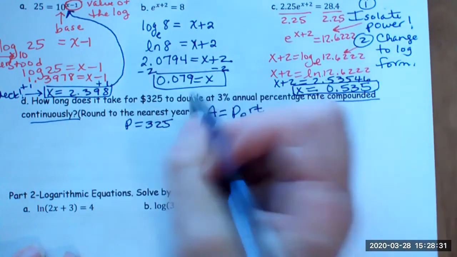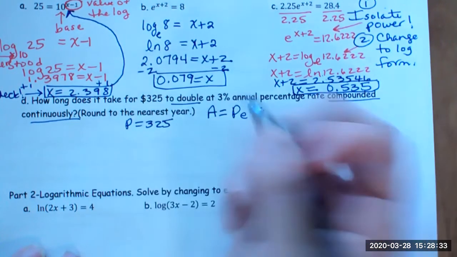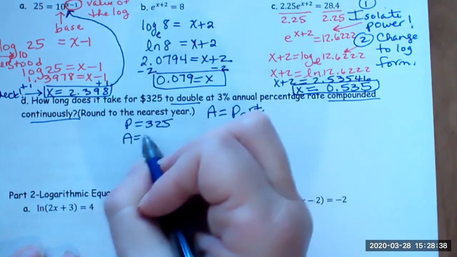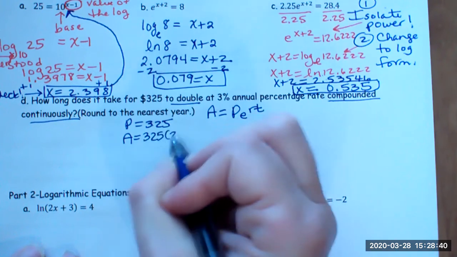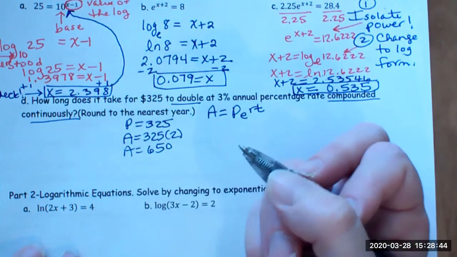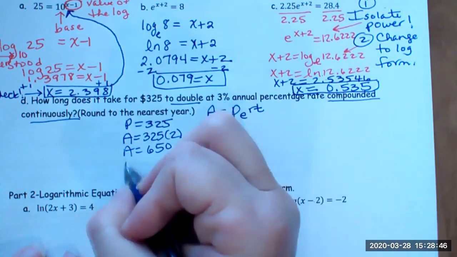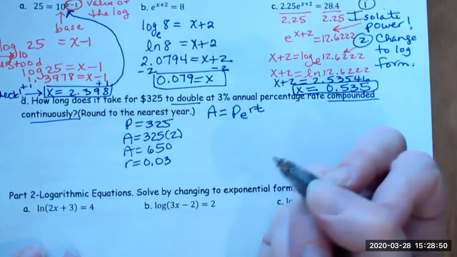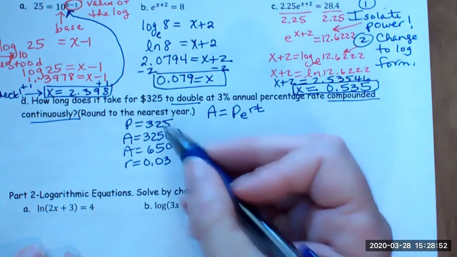I want to know how long it takes to double, so that means my final amount is going to be 325 times 2, because I'm doubling, or $650. My interest rate is 3%, or 0.03.